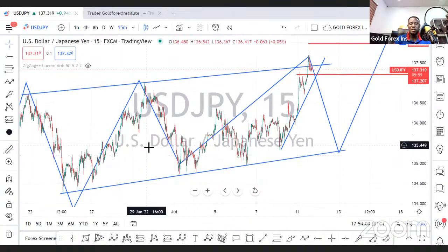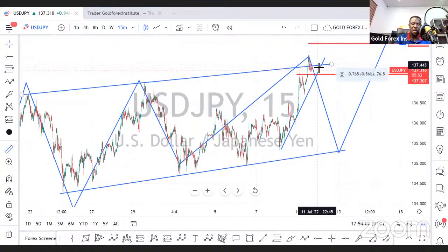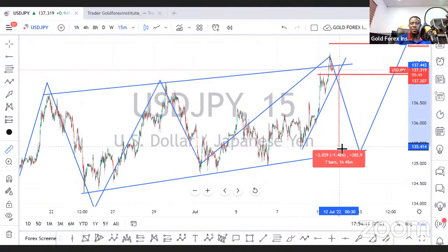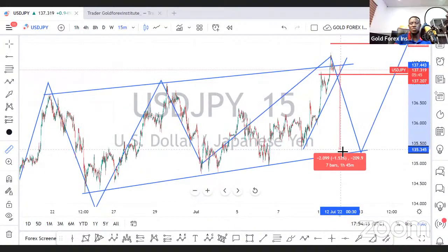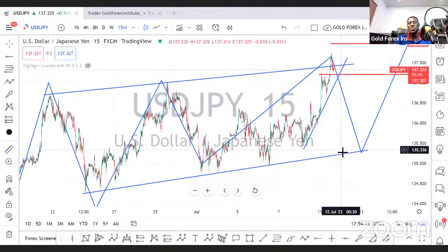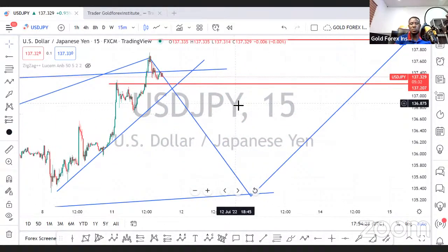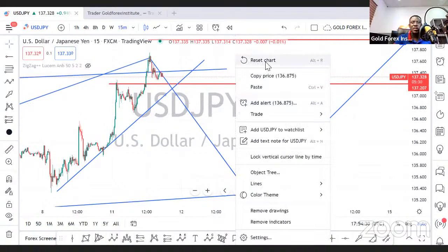Now, if the market should play out as expected, I'm expecting almost 210 pips on this trade. So let's see how it goes.